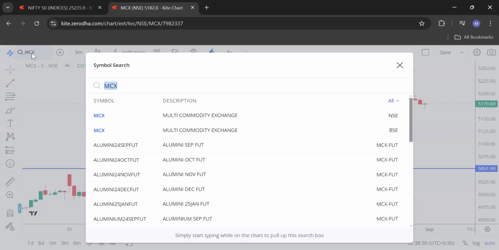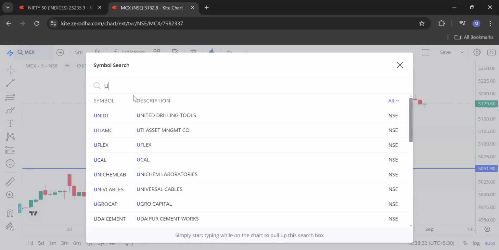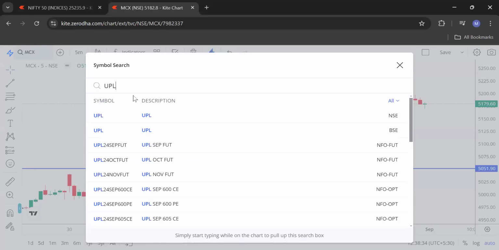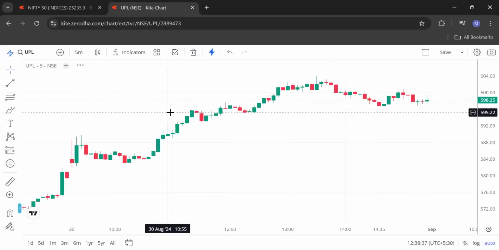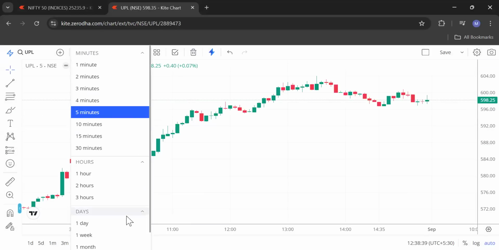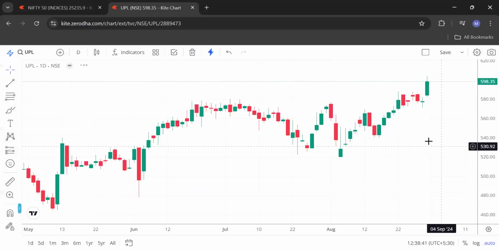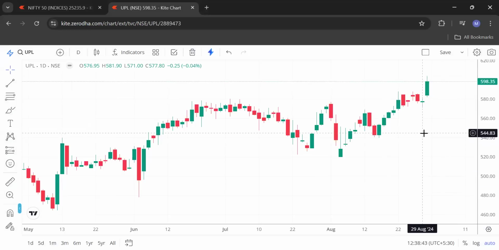UPL. So now let's go on the 1-day chart and let's go to the previous day close, 577.8. So the square root of 577.8 is 24.03, multiplied by 66.66%. It is 16.02. Add it to the close of 577.8.